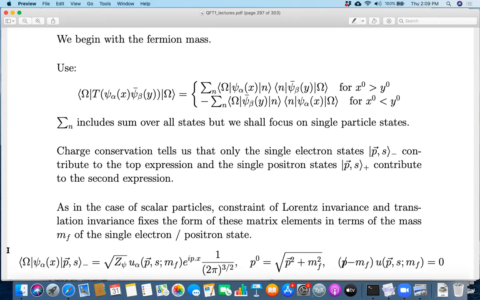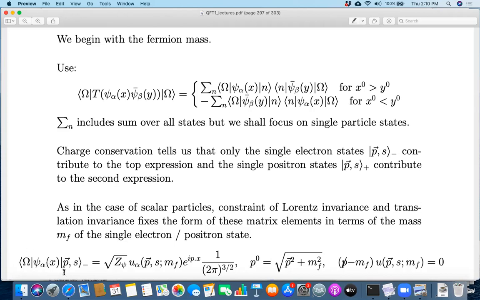In the case of scalar field theory, what we had concluded, first of all, was that the x dependence had the form e to the i p dot x. That came from translation invariance. And then we had omega psi alpha 0 p, and we showed that it's independent of p. Lorentz invariance basically tells us that it's independent of p if it is a scalar.